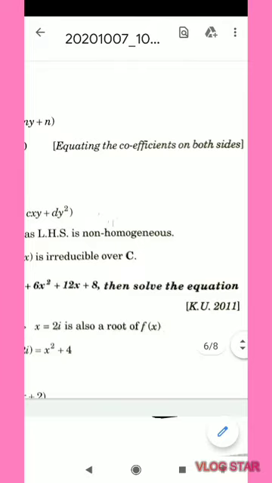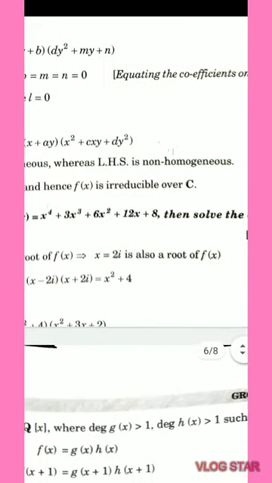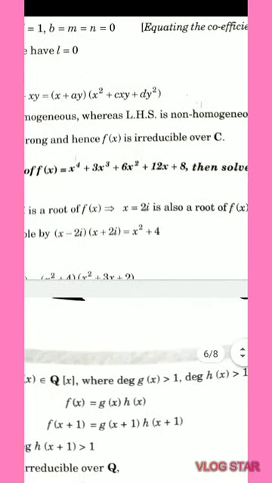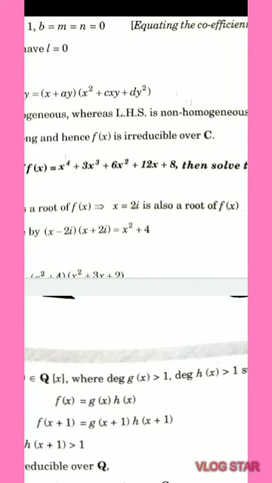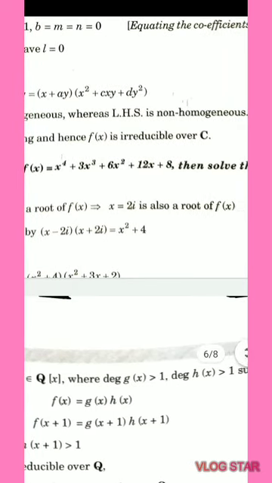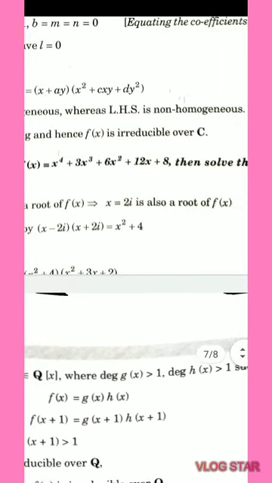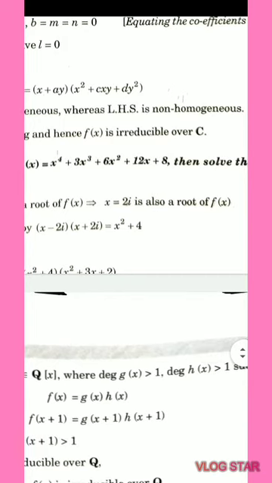Right? So let's see. Since x is equal to minus 2 iota is a root of f(x) equal to 0, therefore x is equal to 2 iota is also a root of f(x) equal to 0.